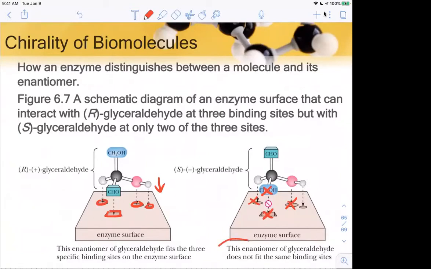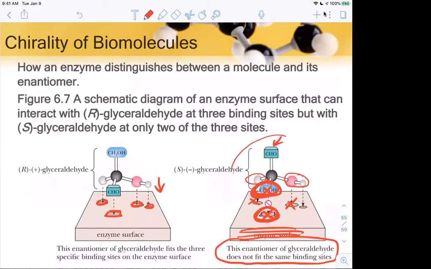This enantiomer does not fit the same bonding site because of the way it's oriented. This guy cannot fit here, and this guy is up in a different direction as well. So even if I maintain those pockets, because I have a different enantiomer, I have a different physical spatial orientation, which means this cannot bind to this enantiomer. It can only bind to this one.